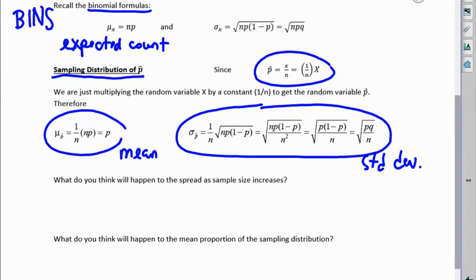So what do you think will happen to your spread as sample size increases? Spread would be variation. Here's my symbol from the formula sheet for variation, and actually, let me show you the formula sheet so you can see it.